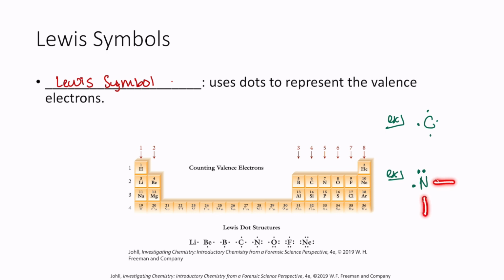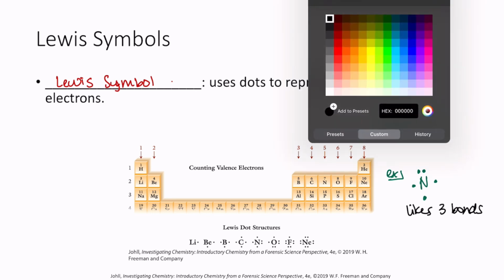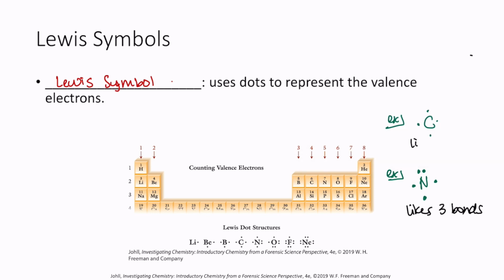However, my other three need to go find another electron in order to be happy. So nitrogen likes three bonds. If we do that same logic with carbon, we can see that carbon likes four bonds.